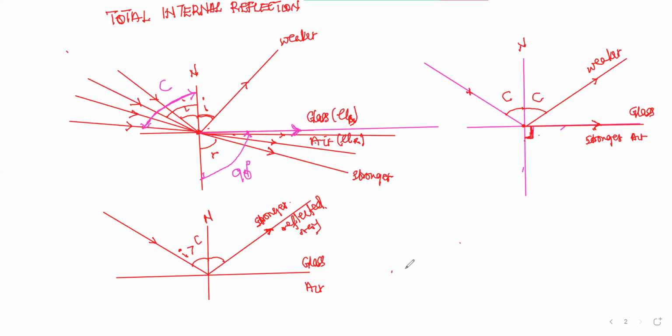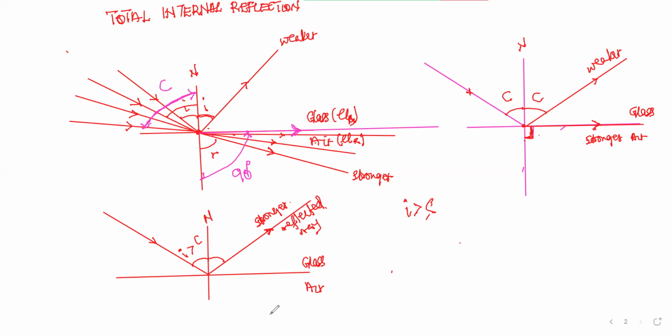So for total internal reflection to occur, the angle of incidence in the more dense medium must be greater than the critical angle. Now Gideon asked the question, how can the angle of incidence be greater than the critical angle? What is the critical angle?